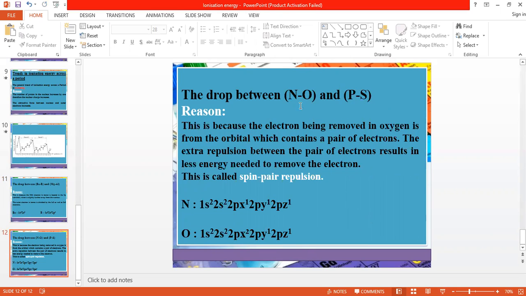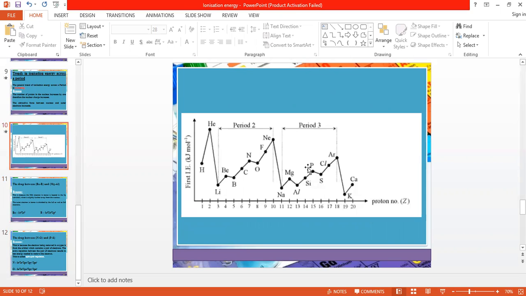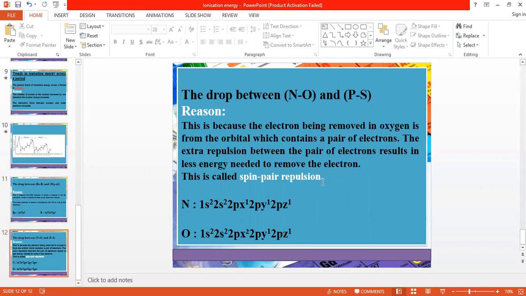Phosphorus and sulfur, like nitrogen and oxygen. Phosphorus and sulfur. So you can go back, which one is higher? Phosphorus, P, and then S. So about S, sulfur. This is because the electron being removed in sulfur is from an orbital which contains a pair of electrons, and there is extra repulsion between the pair of electrons.